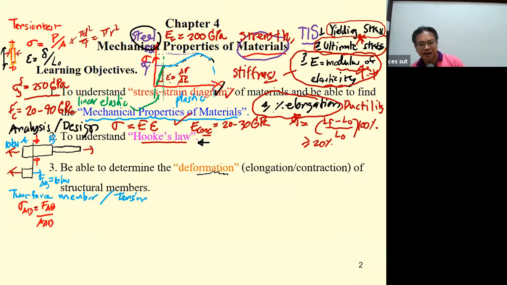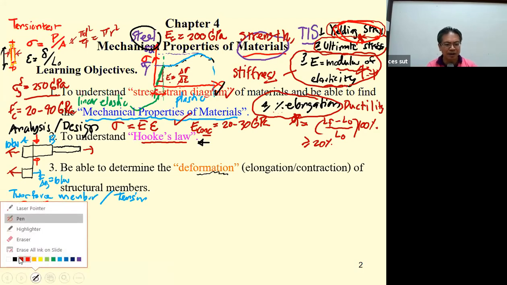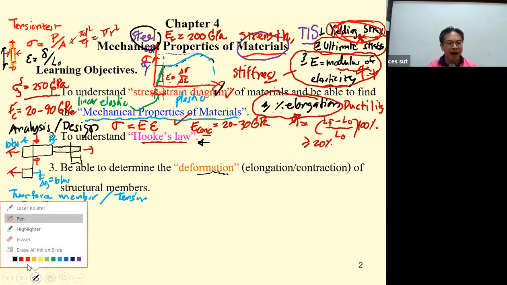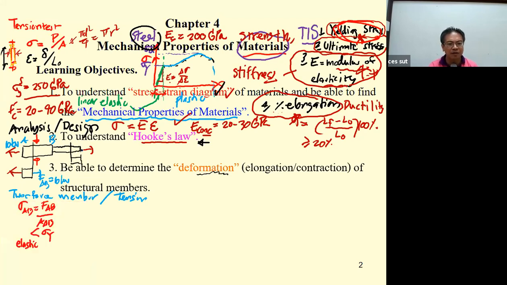Okay, if the stress here is less than the yielding stress, that means the specimen is going to have elastic behavior, that's going to be in this region. And again, if you cut the specimen here and then you draw the free body diagram under the application of the force over here, again, if this is 10 kilonewton, this is going to be 10 kilonewton also.